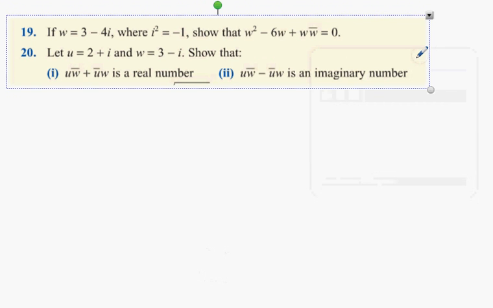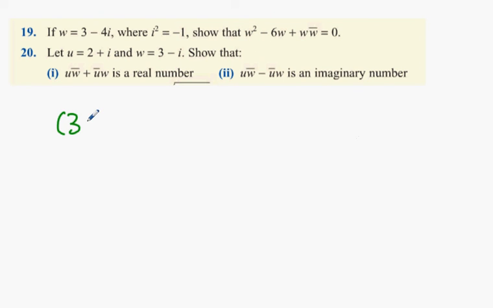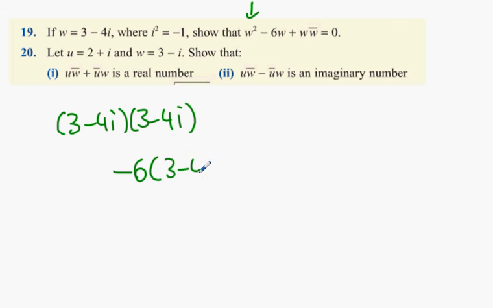Just to show you how to do 19, I won't necessarily do it for you, but I'm just going to show you. W squared, can anybody tell me what w squared means? It means 3 minus 4i multiplied by itself. You have to multiply it all out. Then, to do the second part, you get minus 6 times 3 minus 4i for minus 6w.